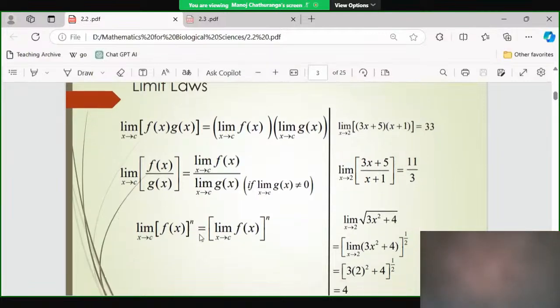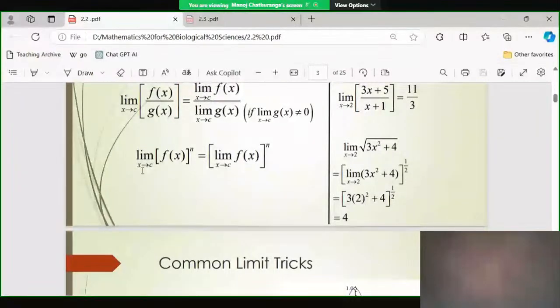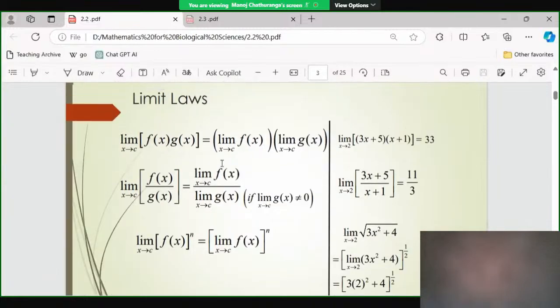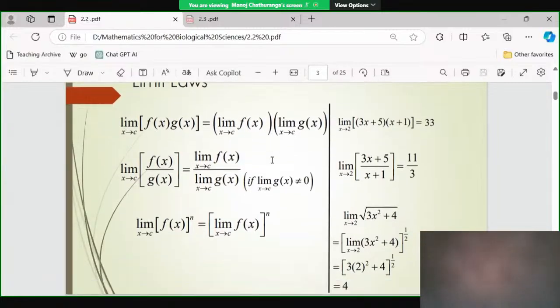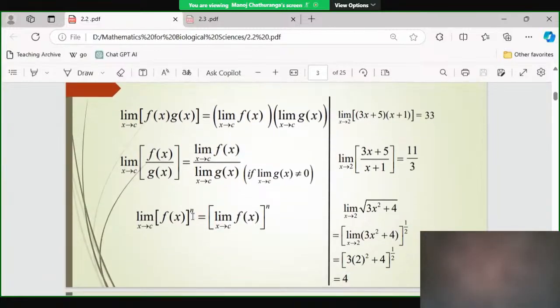Then when you take the limit of a power, let's say the power n is fixed. It is some fixed number. It has no x terms in it. In that case, like the constant multiple rule, you can take the power aside, take the limit, and then apply the power.